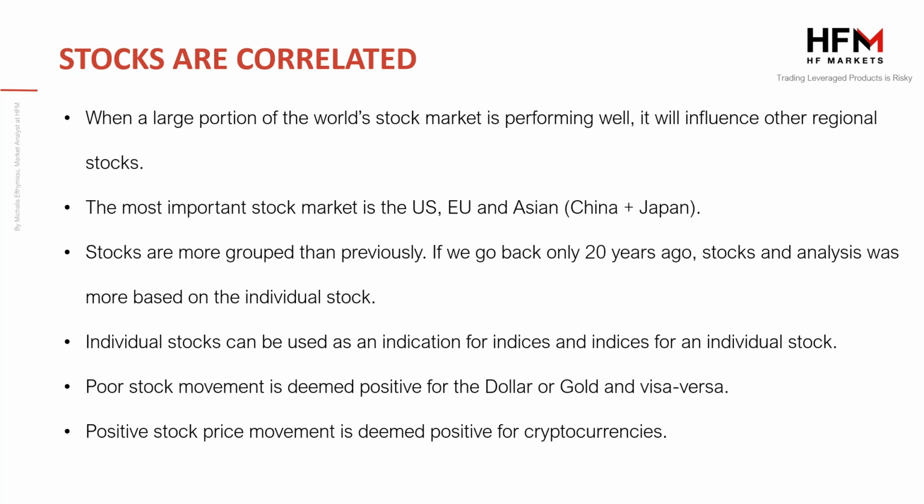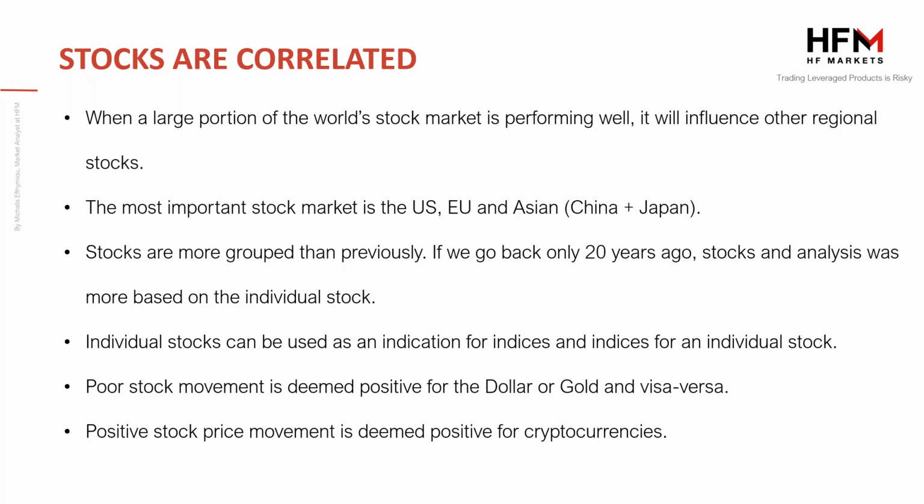Poor stock market movement is deemed as positive for the dollar or gold. Sometimes it can be both. Why? Because they're both safe haven assets. A lot of the time, we're going to either see investors rush to the dollar, and gold will also decline because of that, or they'll rush to gold, and the US dollar will decline along with the US stock market.